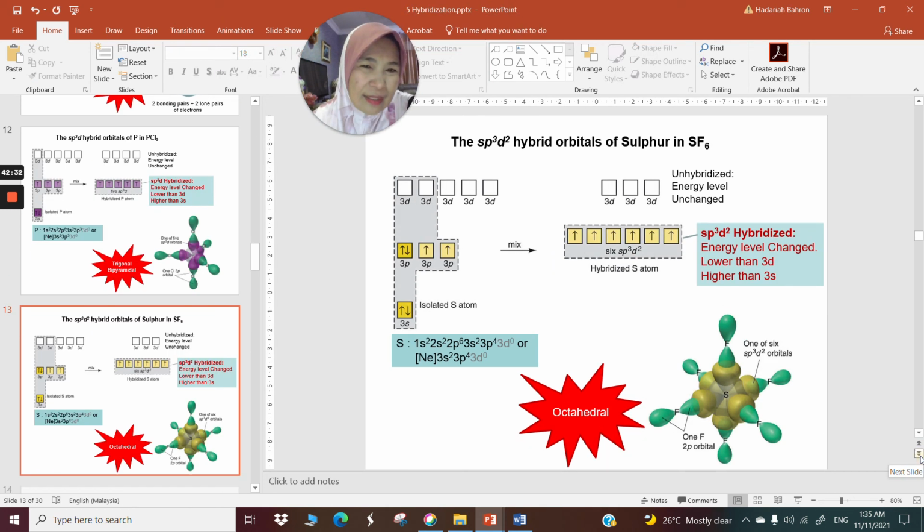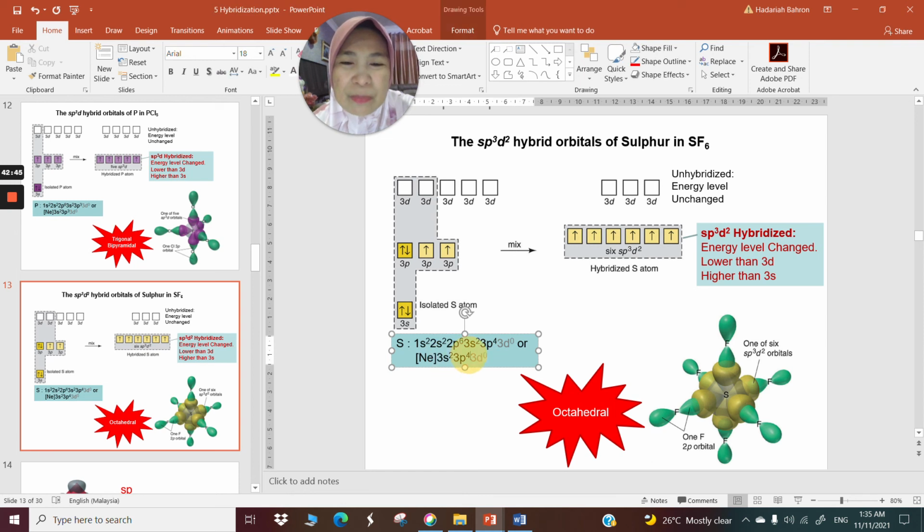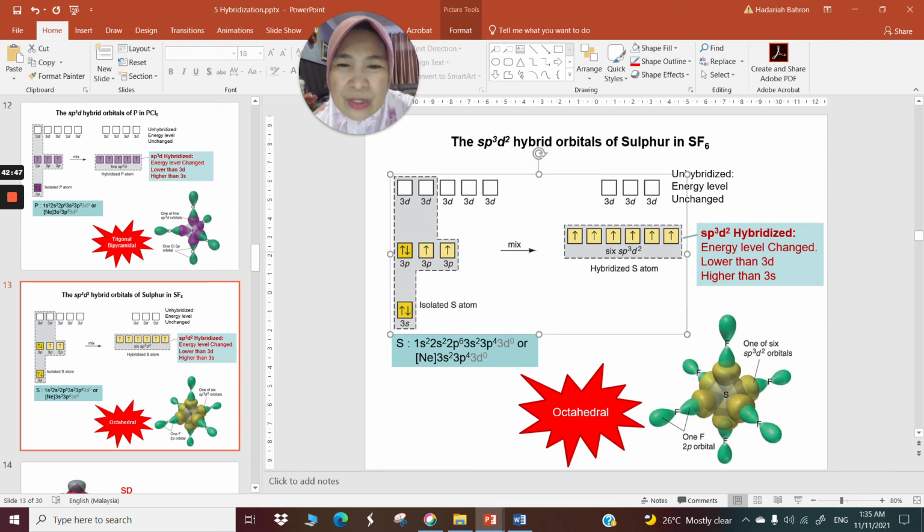The next one I'm going to talk about is the sp3d2 hybrid orbitals of sulfur in SF6. The same story goes. Your sulfur is 3s2, 3p4, which is 3s2, 3p1, 2, 3, and 4 there.